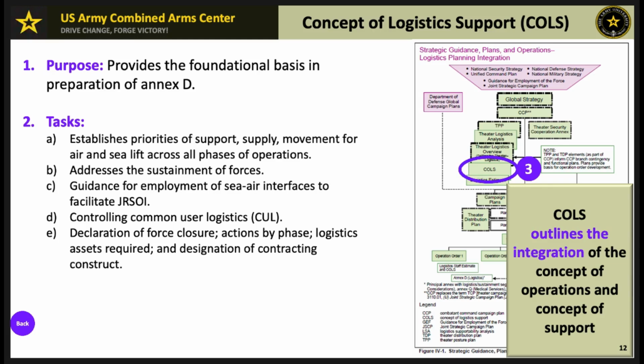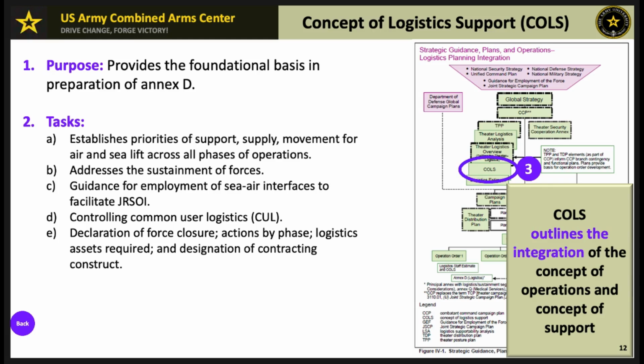COLS addresses the sustainment of forces, identifying theater support bases, staging bases, and forward locations necessary for operations. It also guides the employment of sea-air interfaces to facilitate joint reception, staging, onward movement, and integration, or JRSO&I, as well as controlling the Common User Logistics, or CUL.